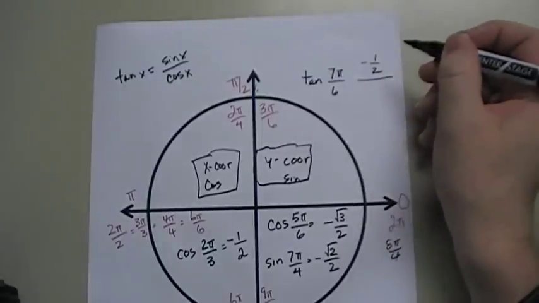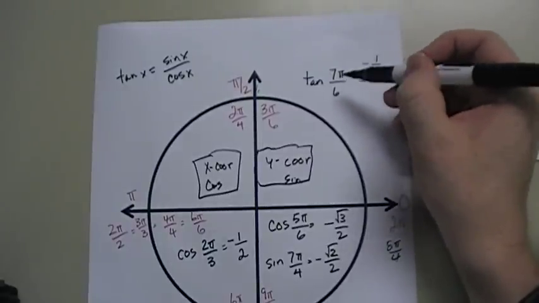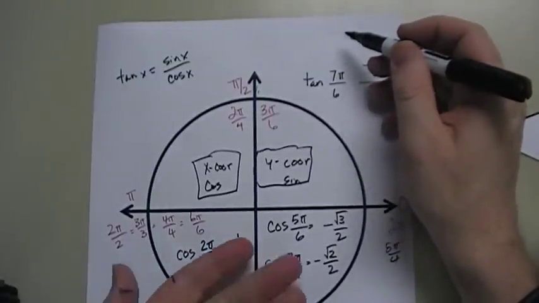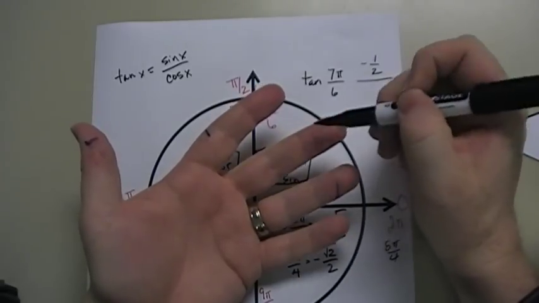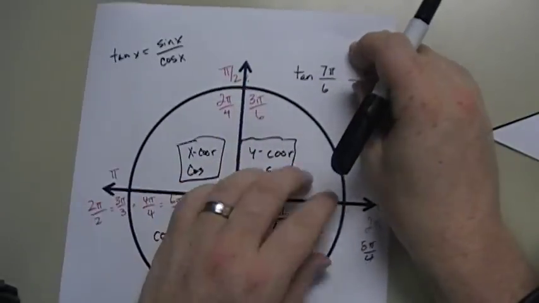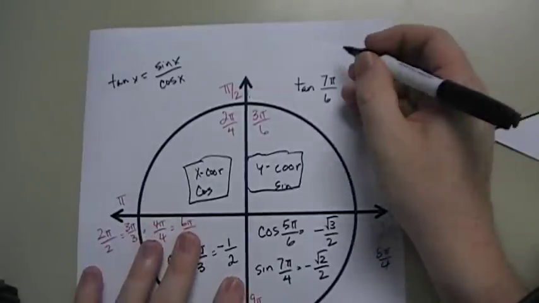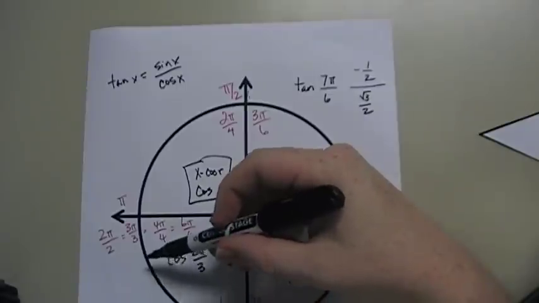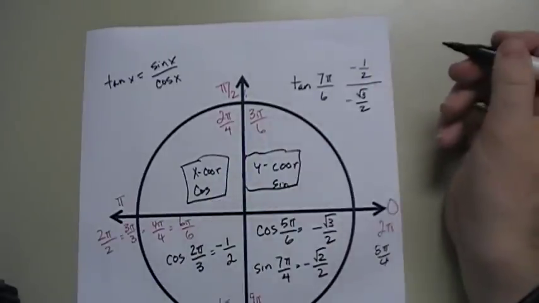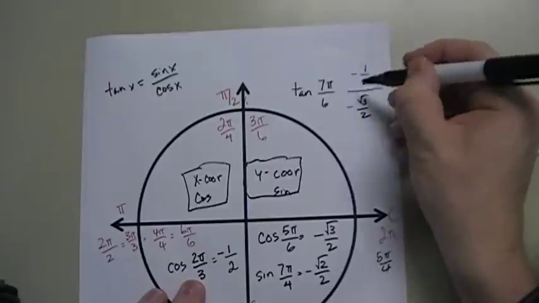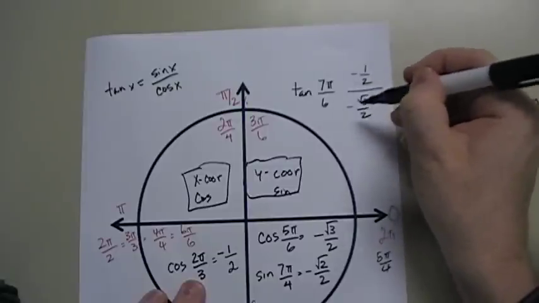Next, we're going to do the cosine. Well, the cosine of 7 pi over 6, again, we're using that pi over 6 finger, so we got 3 fingers above, so it's the square root of 3 over 2. And 7 pi over 6 we found was in this third quadrant where the x's are negative. That's going to be negative as well. So there's the sine of 7 pi over 6, there's the cosine of 7 pi over 6.